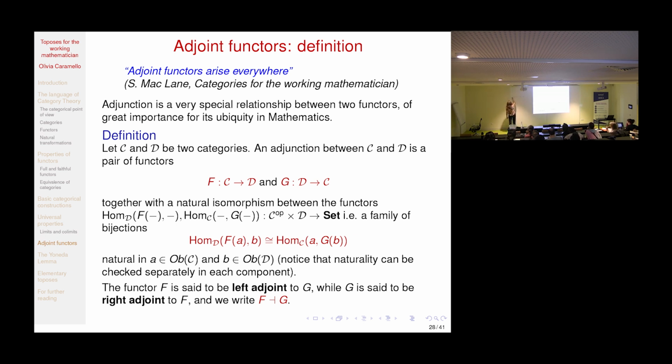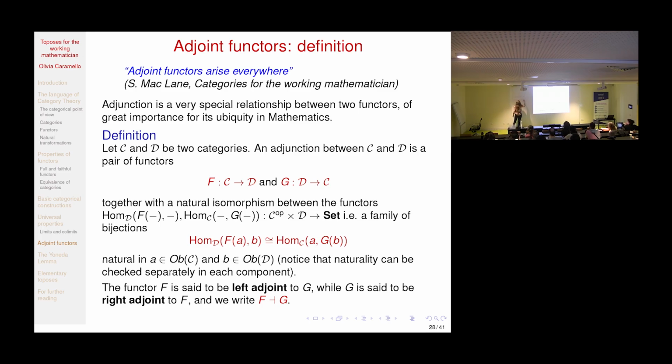So naturality means that if I go from A to A prime by means of some arrow F, then there should be a natural compatibility between the identification on the first row and the identification on the second row. So induced by this arrow.